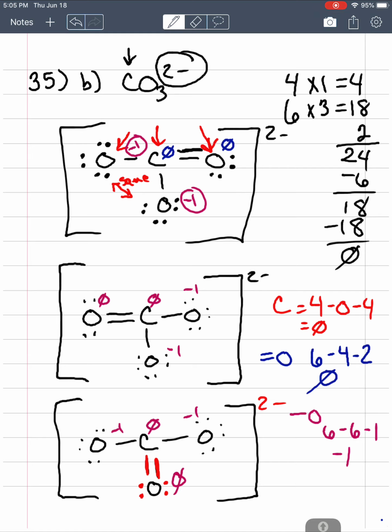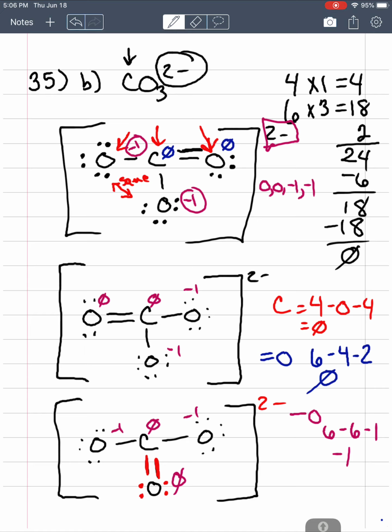Now I have to add up the formal charges to make sure they equal my charge, which in each case is -2. So I have 0, 0, -1, and -1. -1 and -1 is -2. So I've satisfied all of those rules, and I need to make sure that the negatives are on the more electronegative atom.